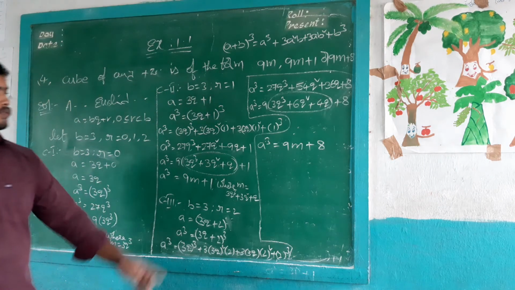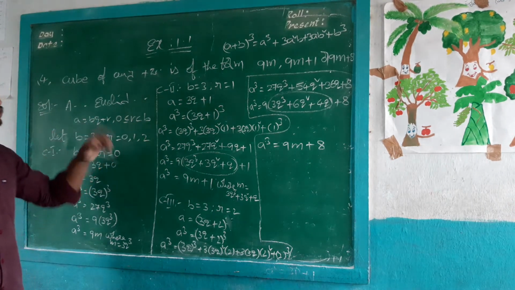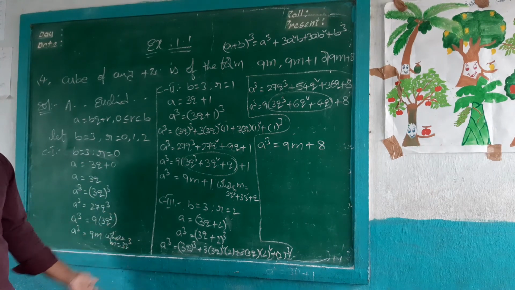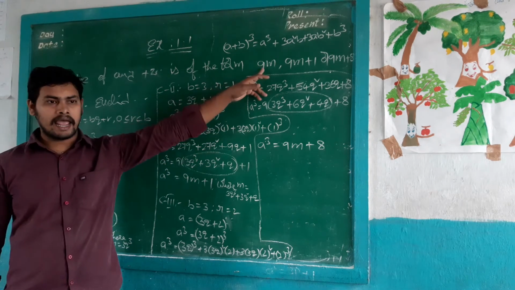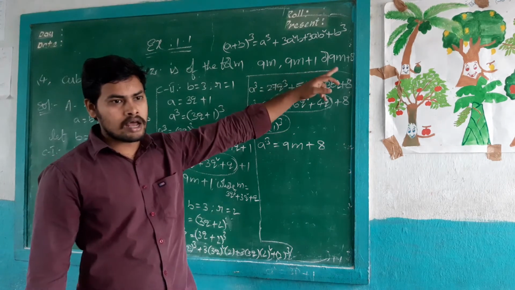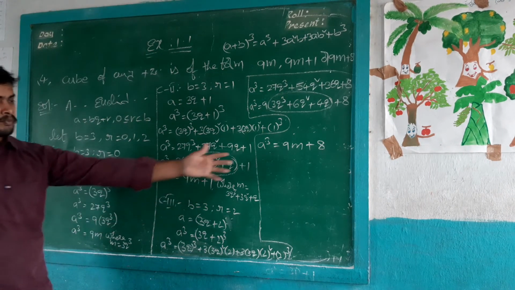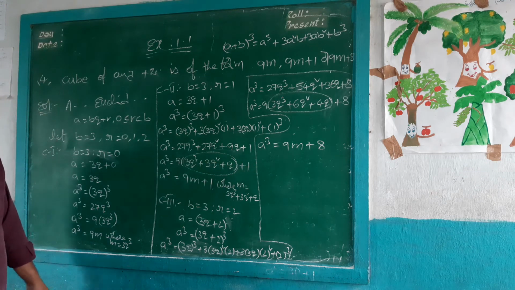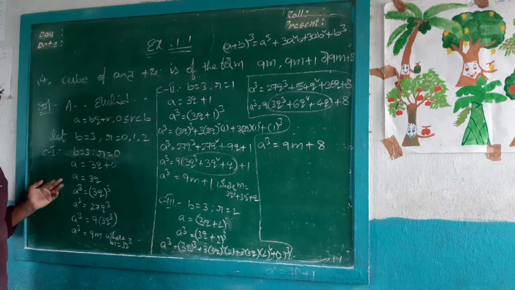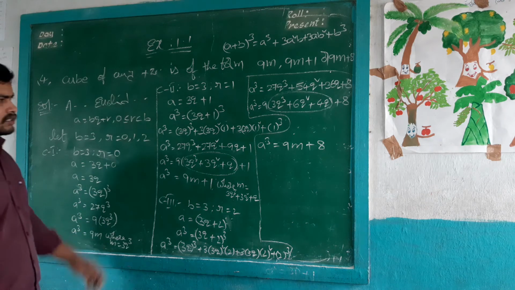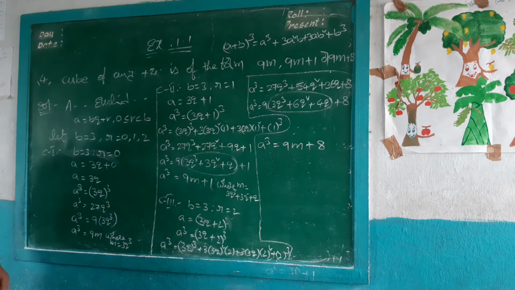So cube of any positive integer is of the form 9m plus 1 or 9m plus 8. Okay?